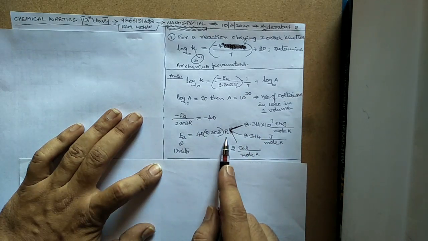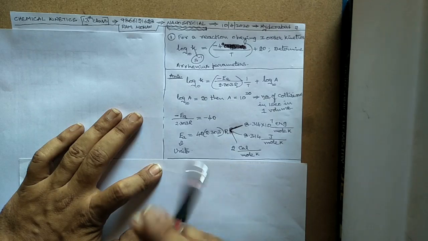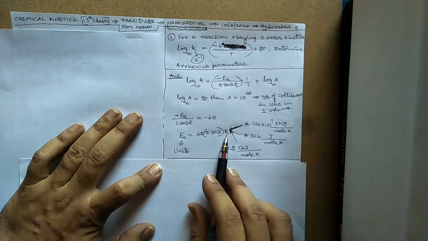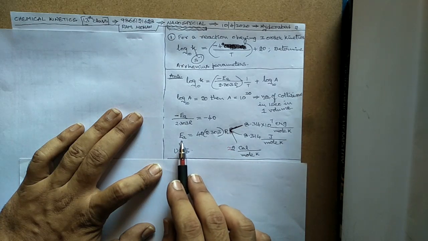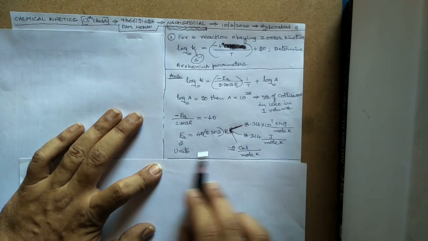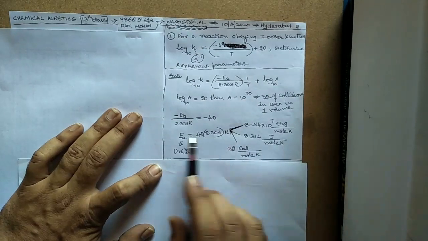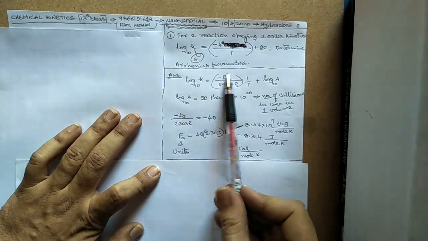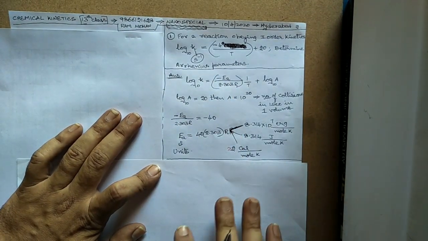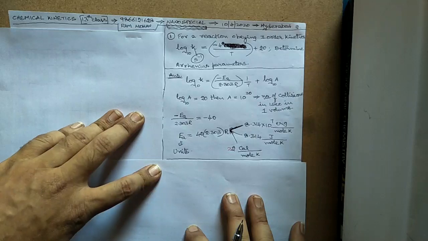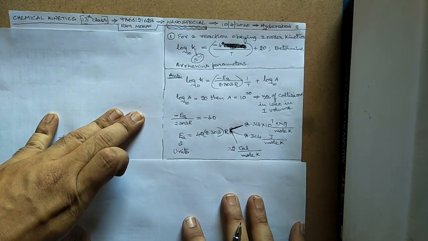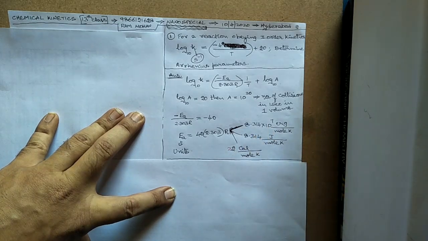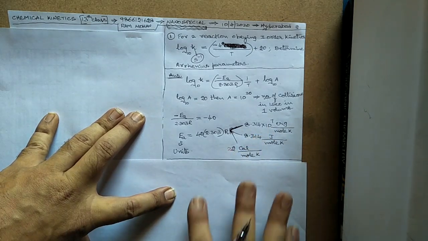If I substitute 1.98, or approximately 2 calorie per mole per Kelvin, for R, then I'll get the activation energy in calorie per mole. So that's the calculation for the first problem. We calculated Arrhenius parameters, A and EA. I've shown you the substitutions in the previous class itself, and now I'm just using them and continuing.